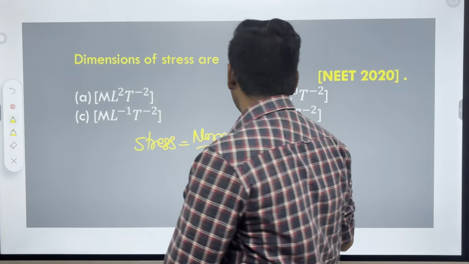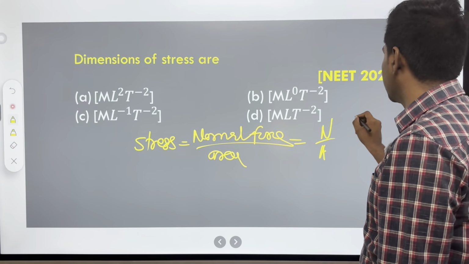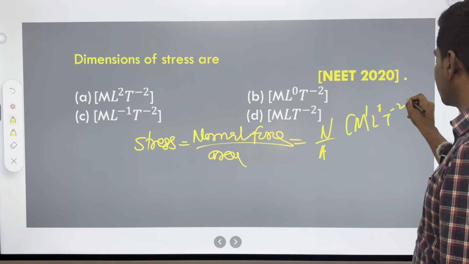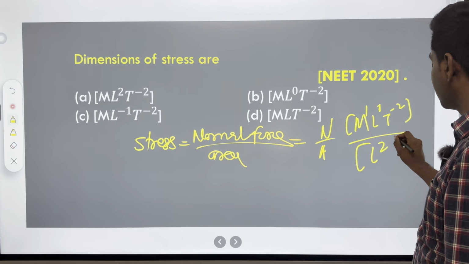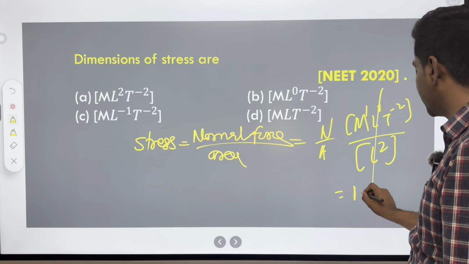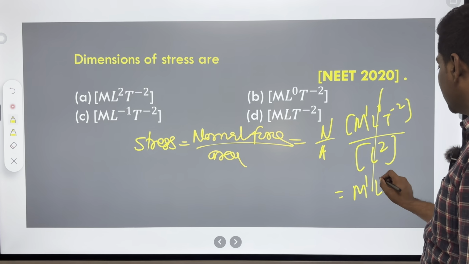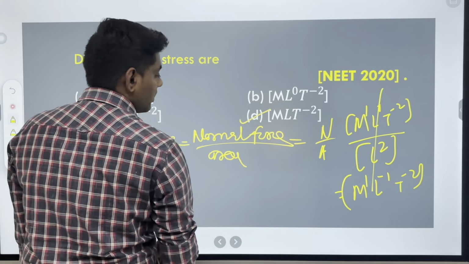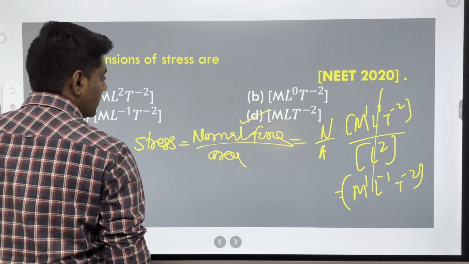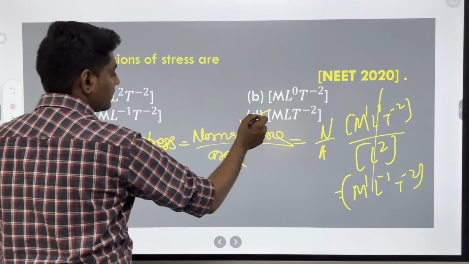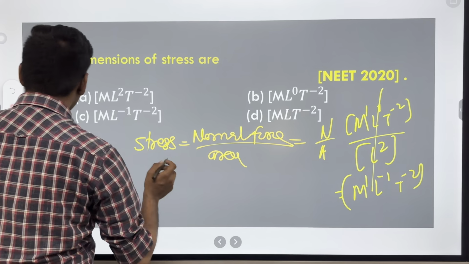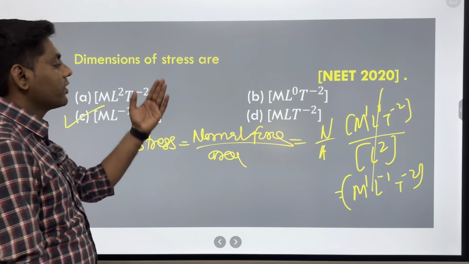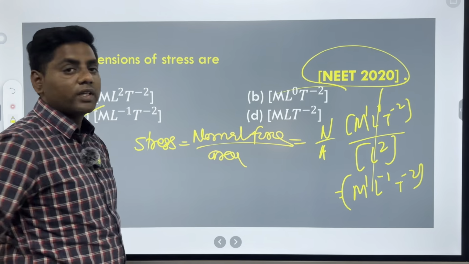Normal force is in Newton, area in meter square. So the dimension formula is M1 L1 T minus 2 divided by the dimension of area, that is L2. One L gets cancelled, so it becomes M1 L minus 1 T minus 2. So option number C is the correct answer. Very simple question they asked in NEET 2020.